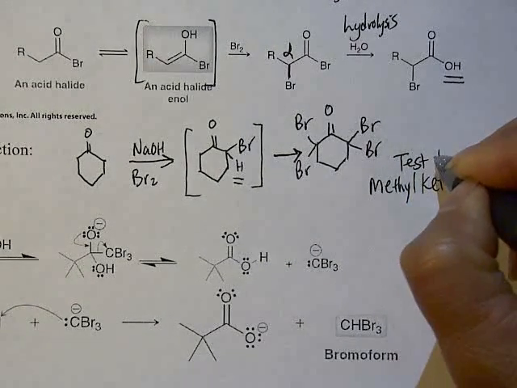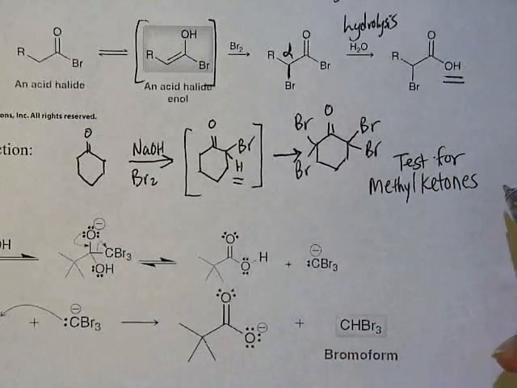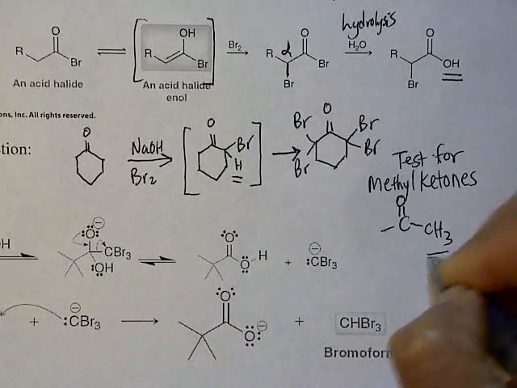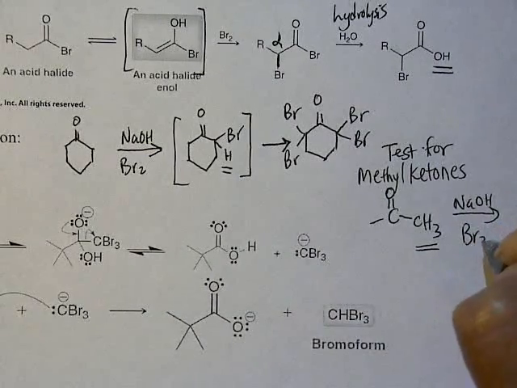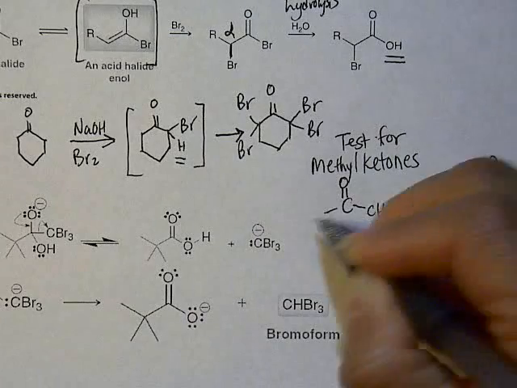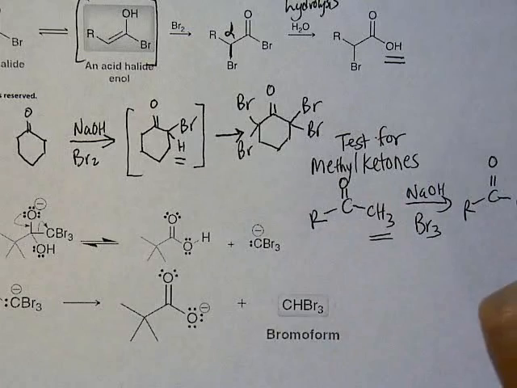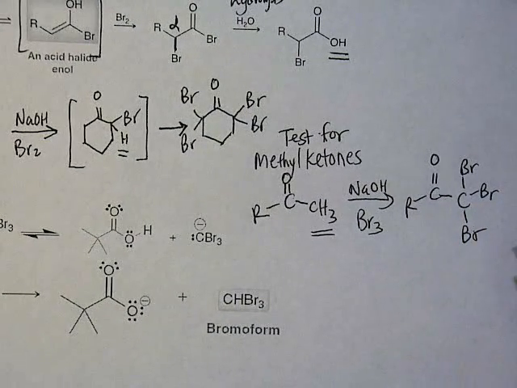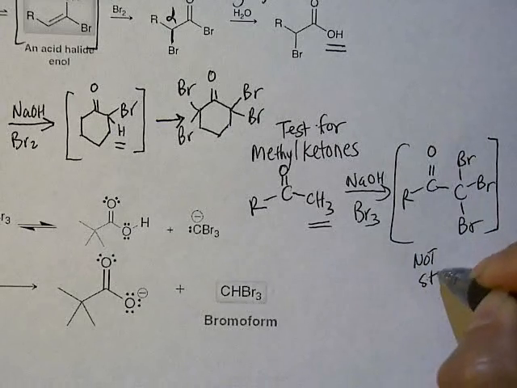This test for methyl ketone is called the haloform reaction, and this is the reaction that you're essentially doing, where if you have a methyl group at the end, then under these conditions you are going to form an R group, CBr3, right? And let's say on the left side there's no alpha proton. So let's say this is what's happening, all right?